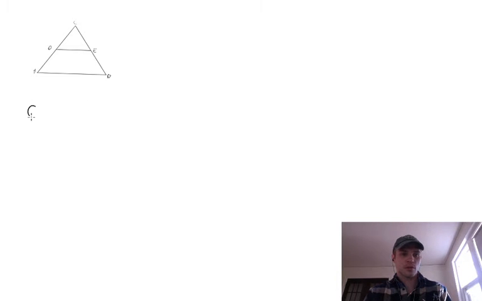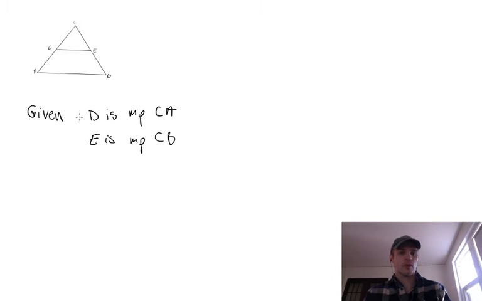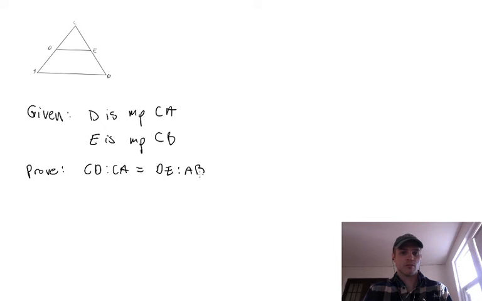So, given D is midpoint of CA, and E is midpoint of CB. And then we are to prove that the ratio of CD to CA is equal to the ratio of DE to AB, right?